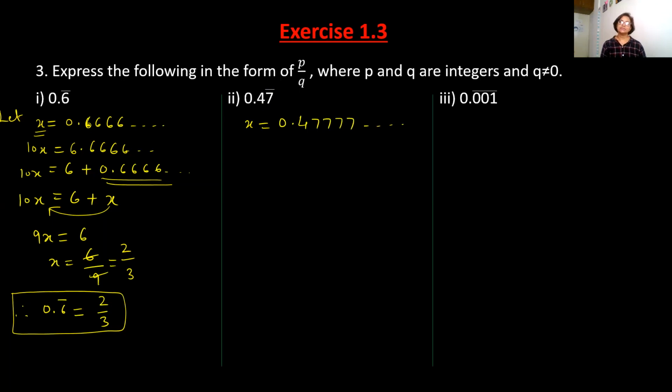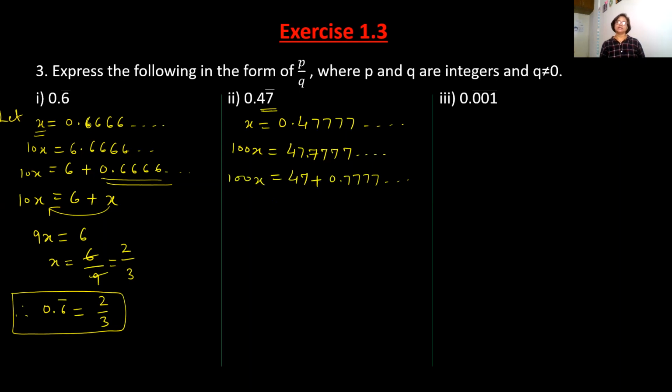Now, these two numbers we have to take before the decimal. So what will we do? We will multiply by 100. So here what will come? 47.7777 and so on, isn't it? Now you can write this as 47 plus 0.7777, yes, you can.